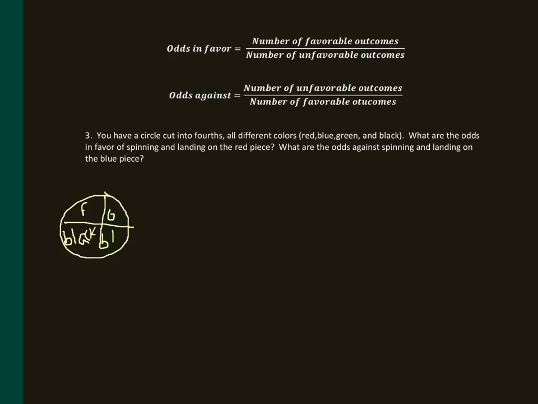What are the odds in favor of spinning and landing on a red piece? In favor. So I look up here. What is the number of favorable outcomes? 1. So the odds in favor: 1. Unfavorable. Well, how many are not red? 1, 2, 3. What are the odds against spinning and landing on a blue?